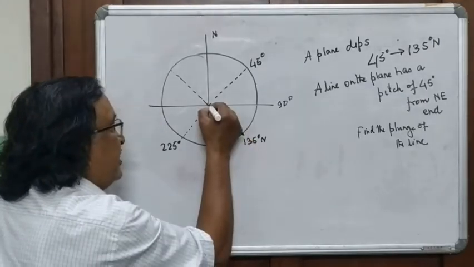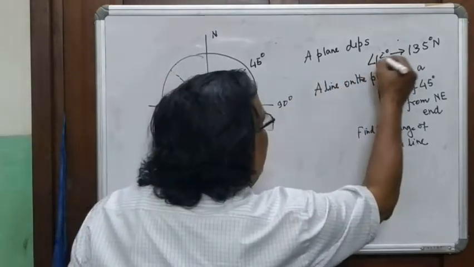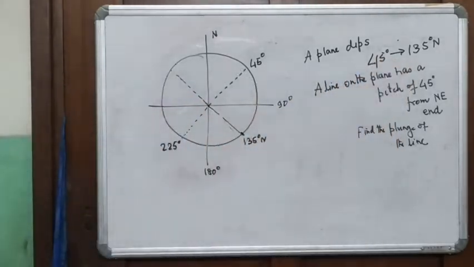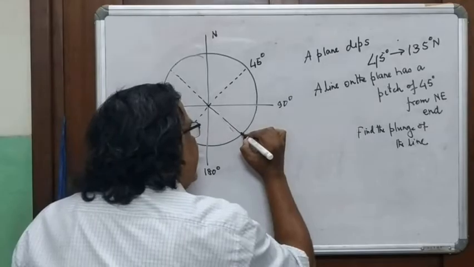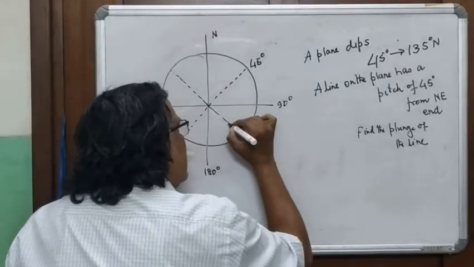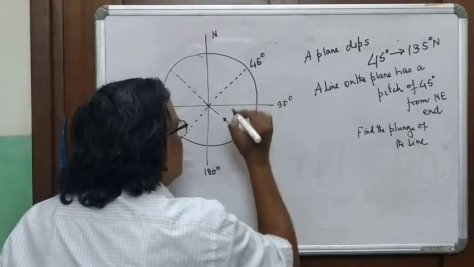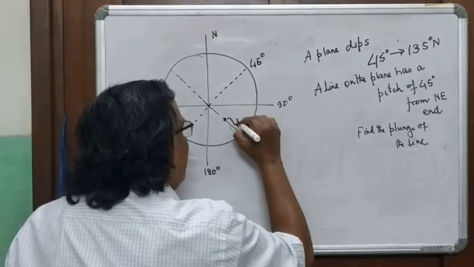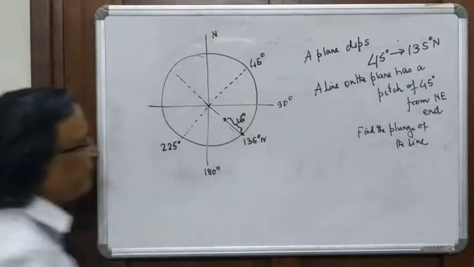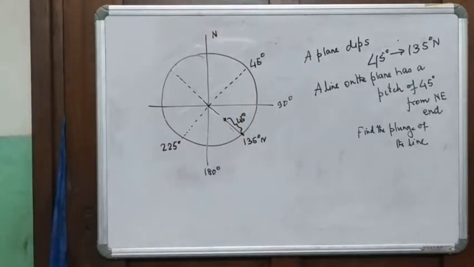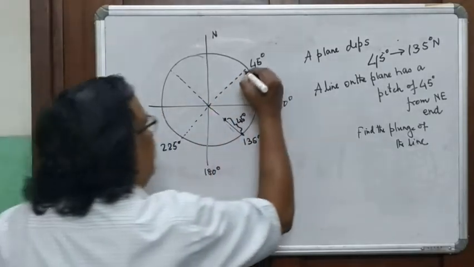And the point here is 90 degrees. It says 45 degrees towards the 135 degree end. From 135, from the horizontal, you plot it close to midway. This is 45 degrees. Right? Now you have 3 points.